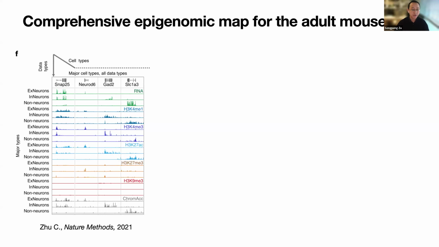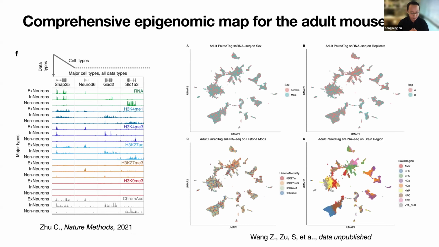In our lab, Chen Xu developed a technology called paired tag, which can jointly observe the histone modification signal and the corresponding RNA signals. And our colleague Johnny performed paired tag sequencing across the mouse brain.